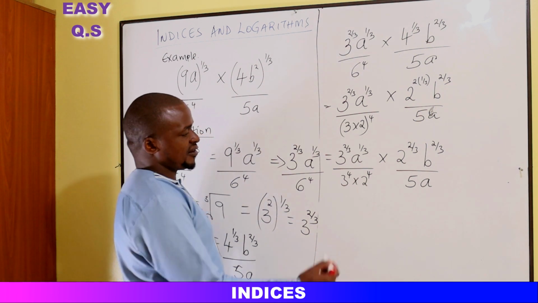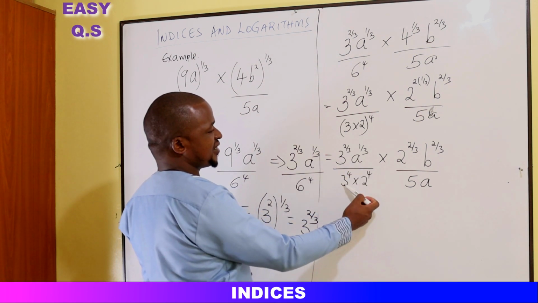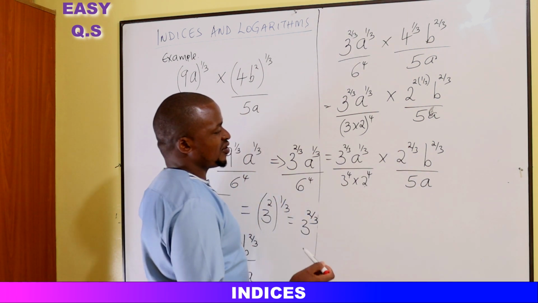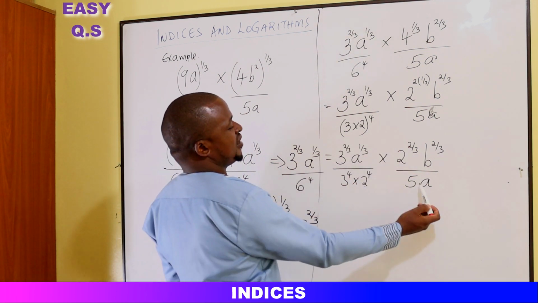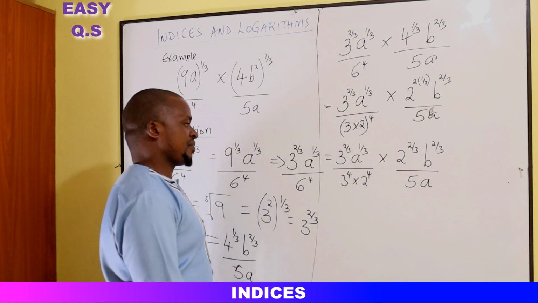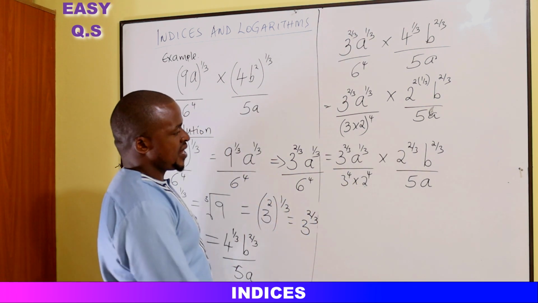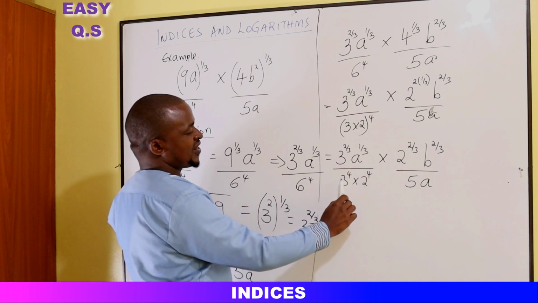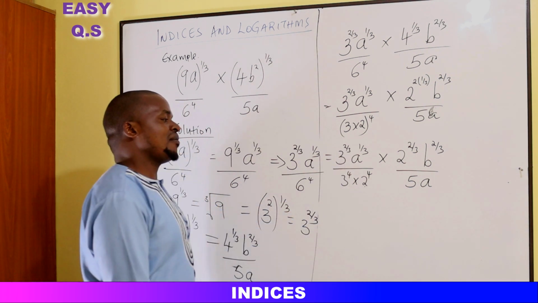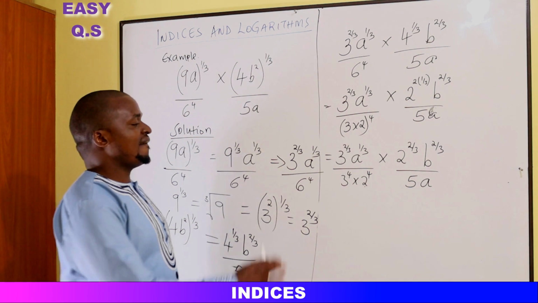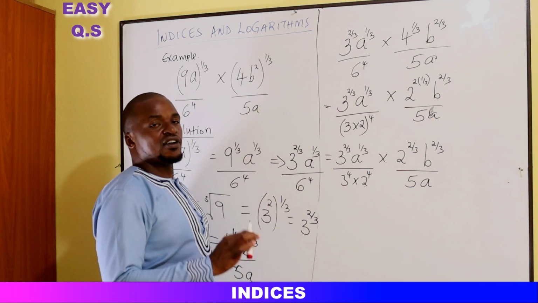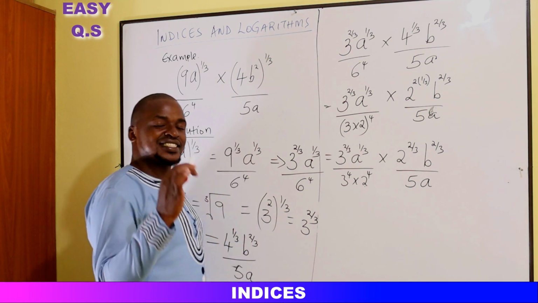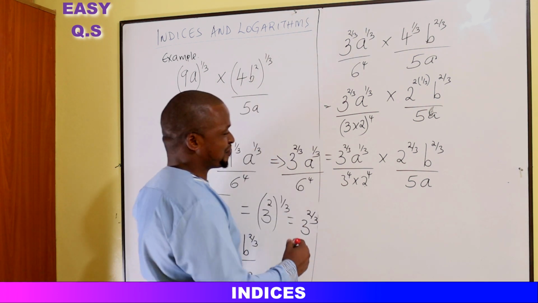So you can see here we have base 3 and base 3, base 2 and base 2, and also base a there. Remember what you learned about division of numbers with the same base: we subtract their powers.